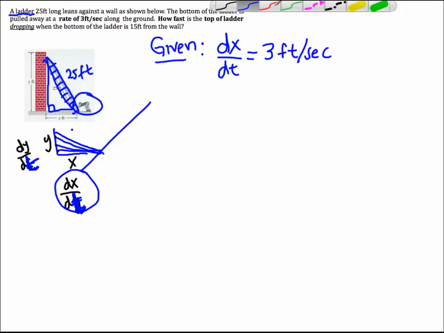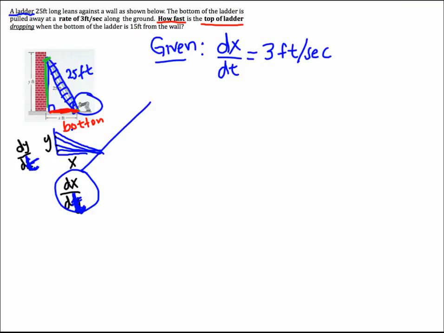The question they're asking you is, how fast is the top of the ladder? This is the bottom of the ladder, right here. This is the top of the ladder, right here. Okay? Right here, bottom, top.